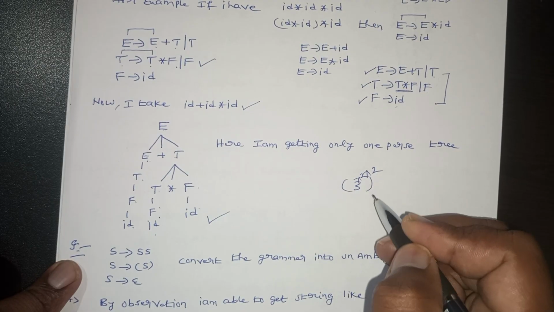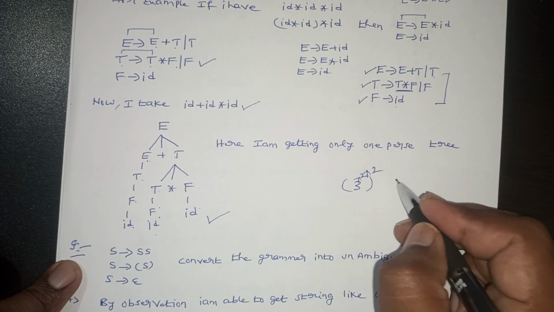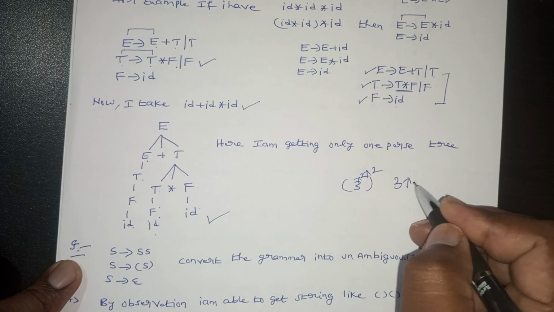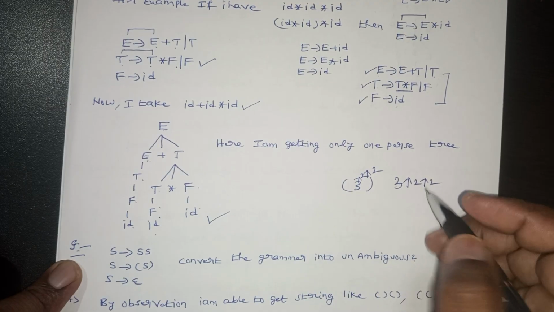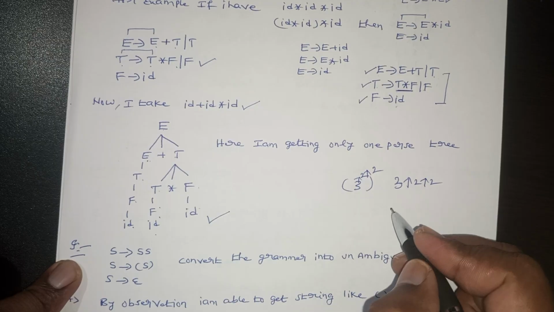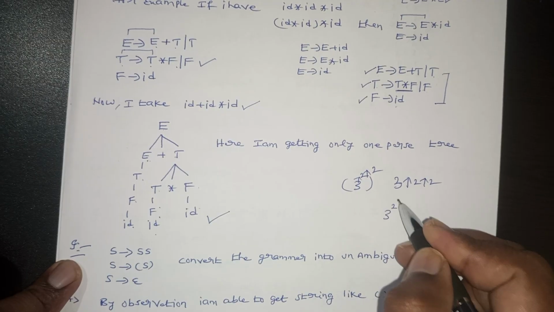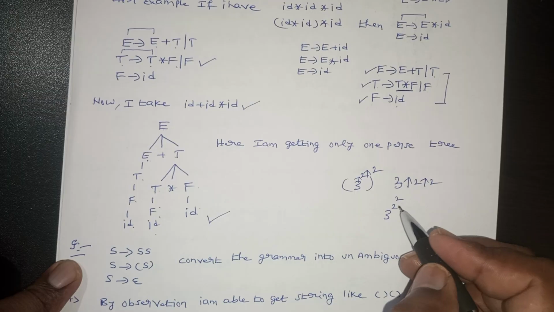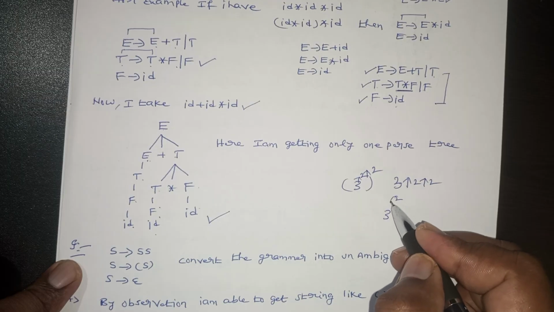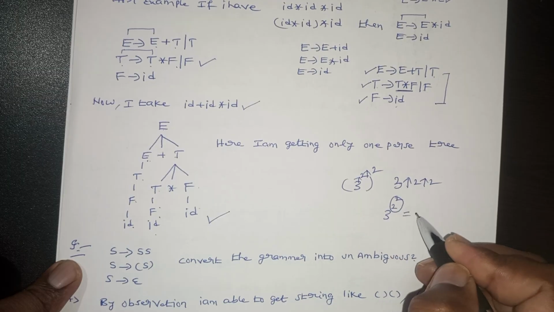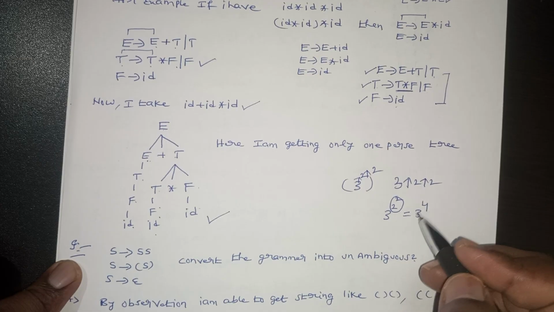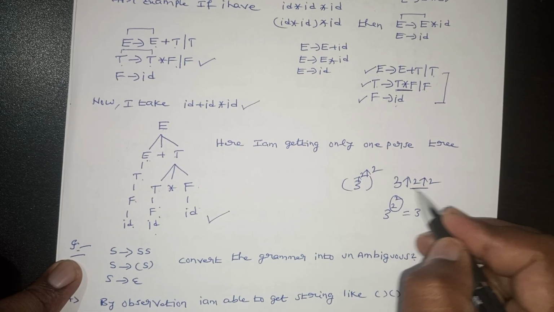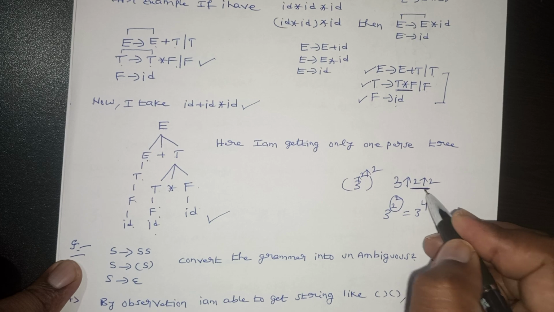I'm writing here 3 2 square. Generally, first you execute 3 2 square, which is equal to 3 power 4. Now what you say? This is a right associativity.